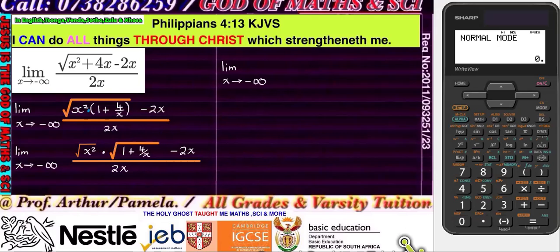Then I now have negative x, and then under the radical sign, we've got that other part, which is 1 plus 4 over the x, and then minus the 2x. And then all over the 2x. Now it's good.